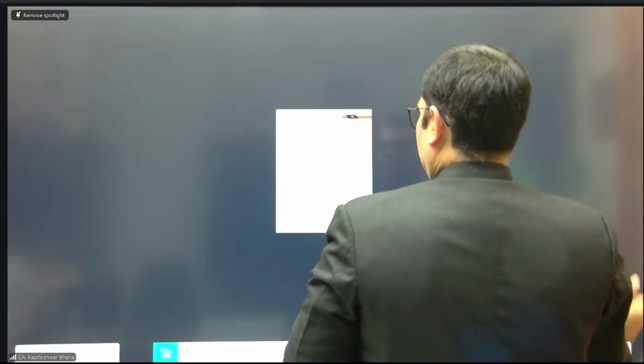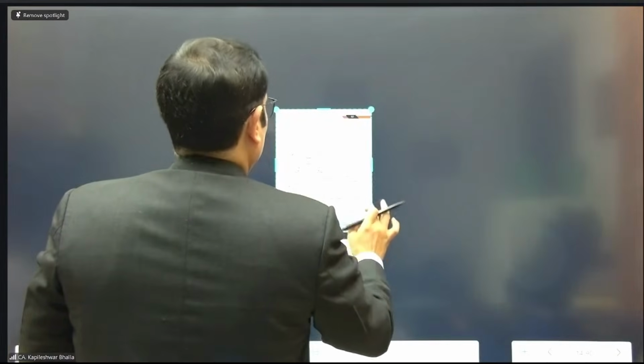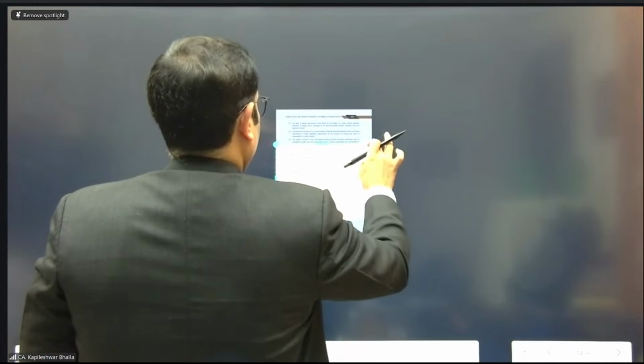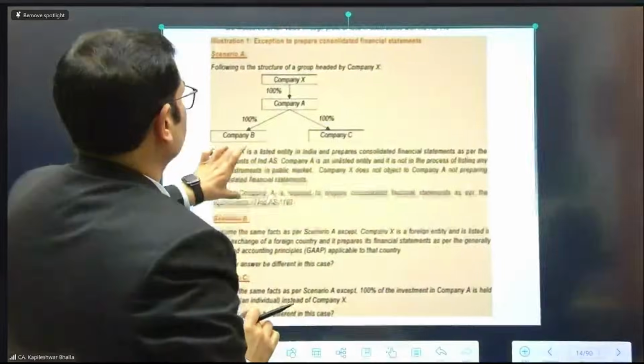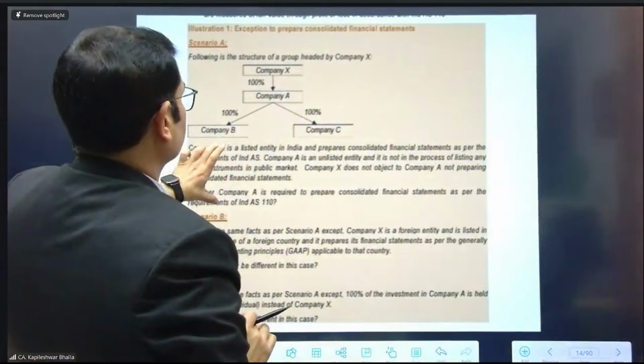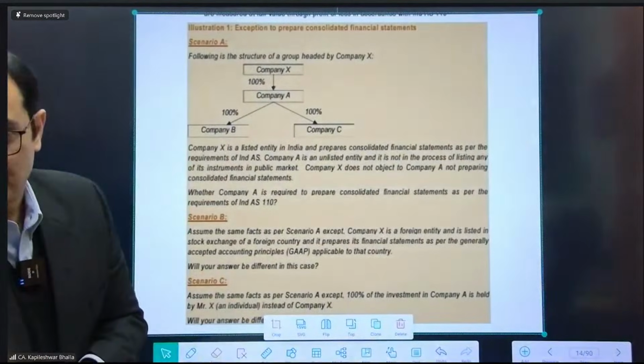This is unit number 3. Let's come to illustration number 1. Let me zoom this across to you. We'll apply the funda, very simple and straight.